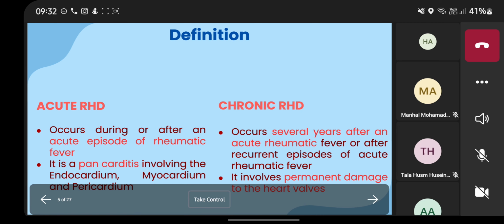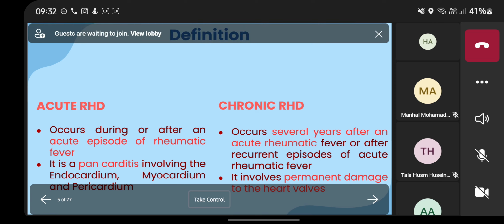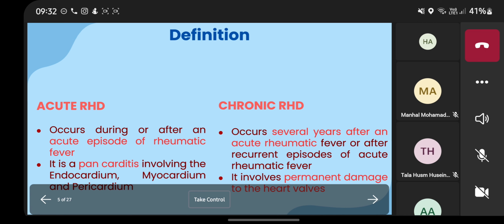Rheumatic heart disease could be either acute or chronic. We can say acute rheumatic heart disease if it follows one acute episode of rheumatic fever. The clinical presentation is going to be pancarditis, which is inflammation of all three layers of the heart.